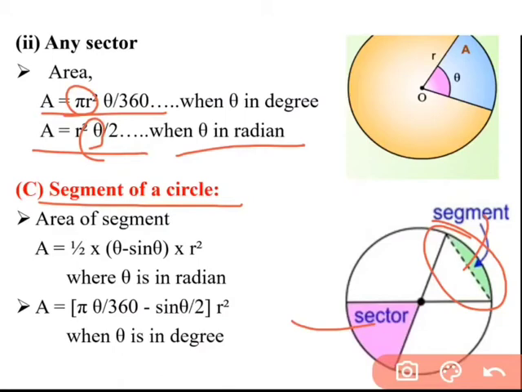So the area of a segment A is equal to 1/2 multiply theta minus sin theta into r square, where theta is in radian. And the second equation, A is equal to pi theta by 360 minus sin theta by 2 into r square, where theta is in degree.